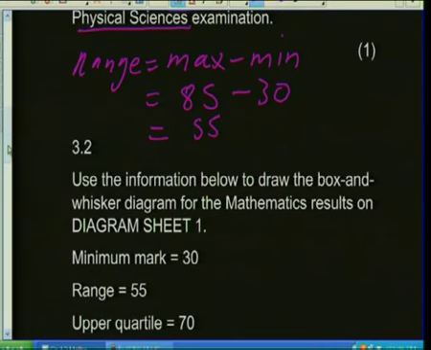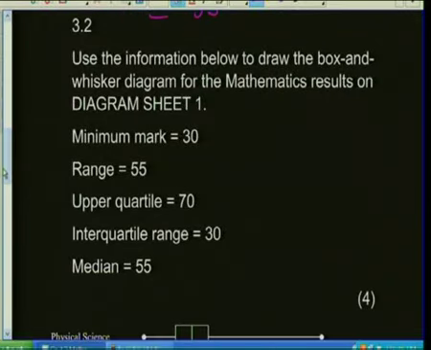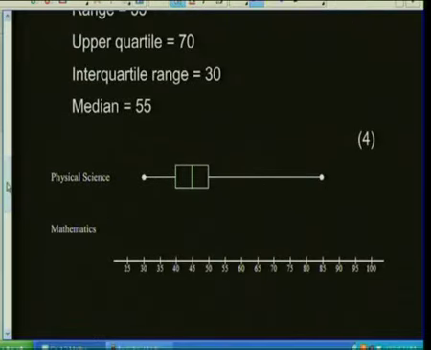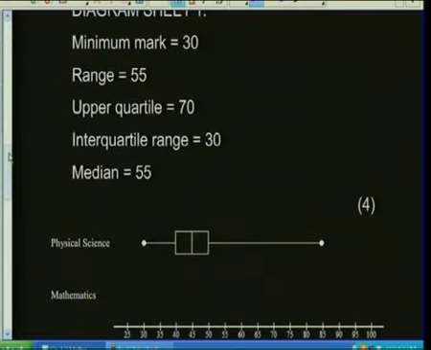Okay, good. Next question. Use the information below to draw a box and whisker diagram for mathematics results on the diagram sheet 1. So I have to use this information to draw the whisker diagram. Remember, to draw the whisker diagram, you need minimum value, maximum value, your lower quartile, your median, and your upper quartile.